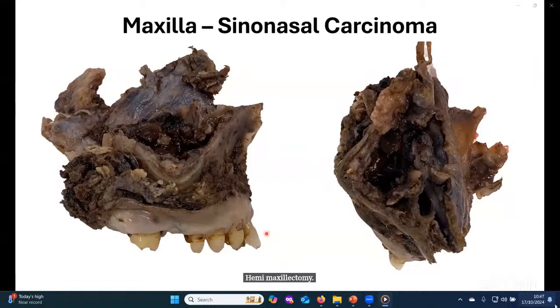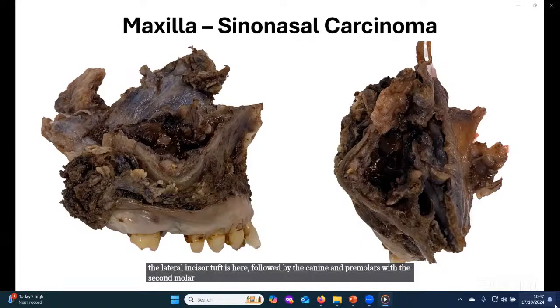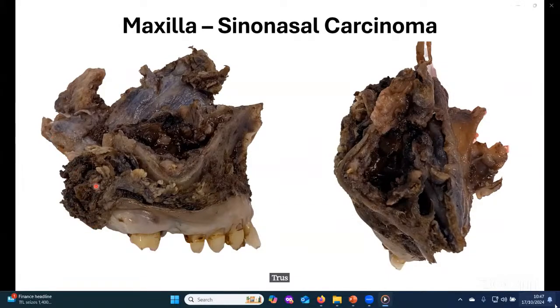The lateral incisor tooth is here, followed by the canine and premolars, with the second molar tooth. The pterygoid regions are here. This is the lateral wall of the antrum, and this is the nasal mucosa. When we look at the superior view, this is the lateral wall, this is the medial wall, the nasal mucosa is here, and the inferior concha just here.